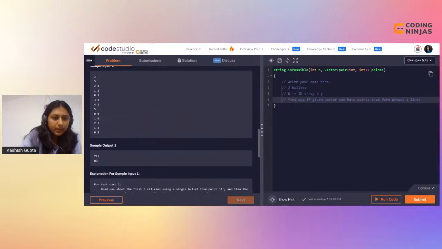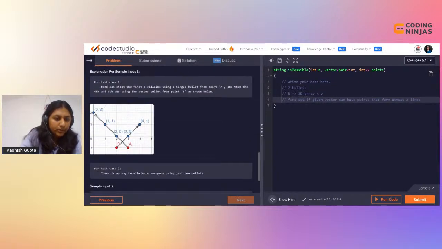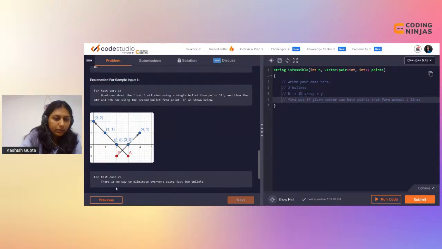So the points are, these pointed out on a graph make two particular lines. So it's like कि दो lines हैं, हमने अगर ये position A से bullet shoot की तो these three will die, और B से shoot की तो these two will die.